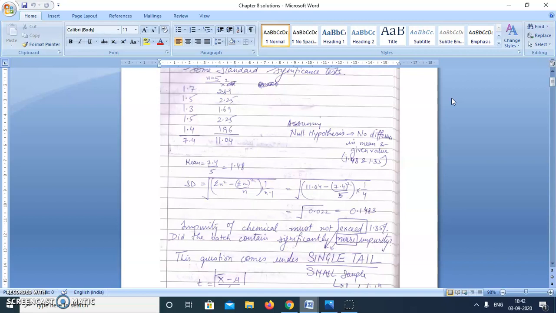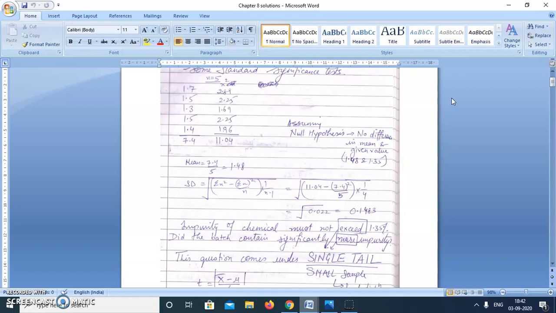First we assume the null hypothesis that there is no difference in the mean values. The mean I have calculated is 1.48 for the sample and 1.35 is the population mean. So this is the null hypothesis. Now we need to check if there is a statistically significant difference between these two means, 1.48 and 1.35.